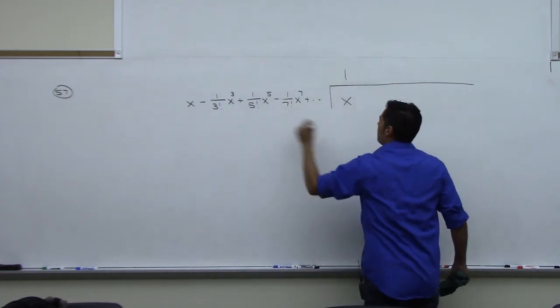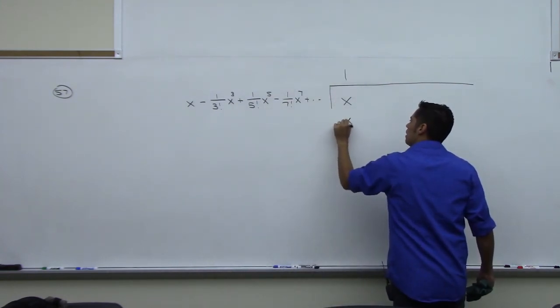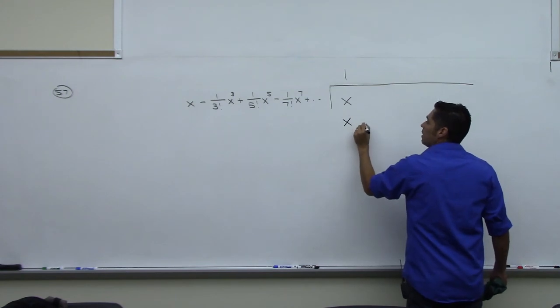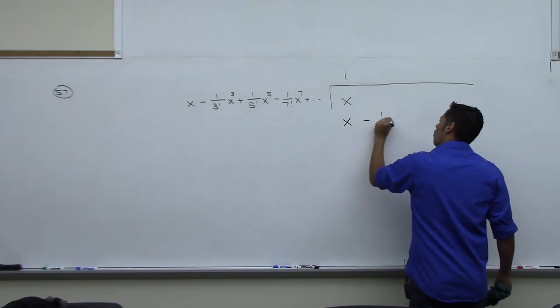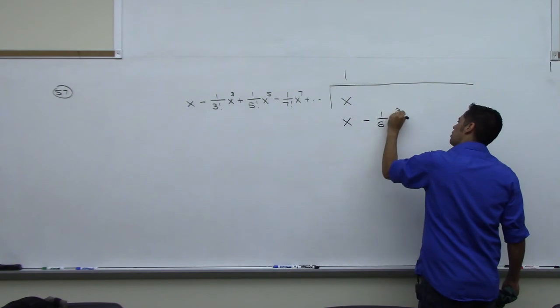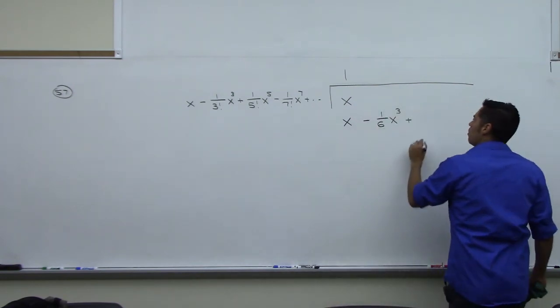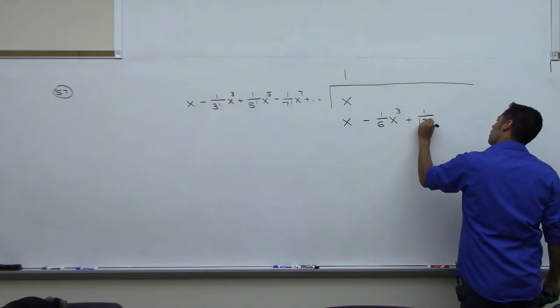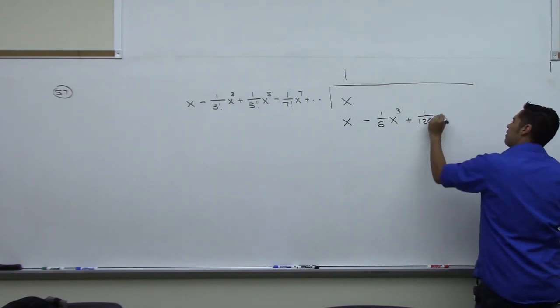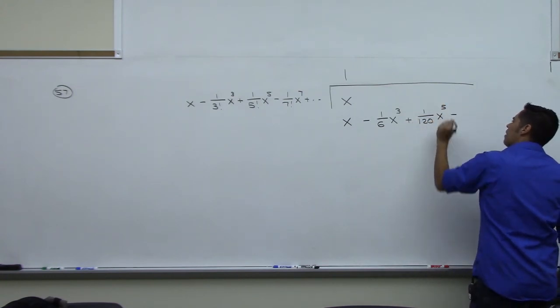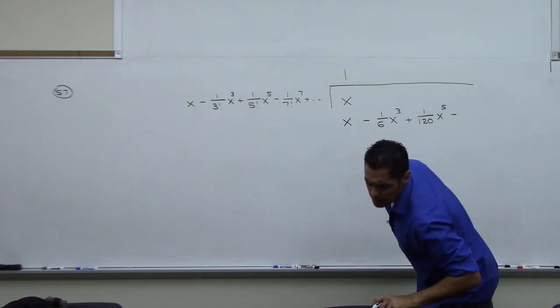And then we multiply through. So when we multiply through, we get x, and then we get minus 1/6 x cubed plus, double checking here, 1 over 120 x to the 5th, and then minus, oh, they don't even go that far.